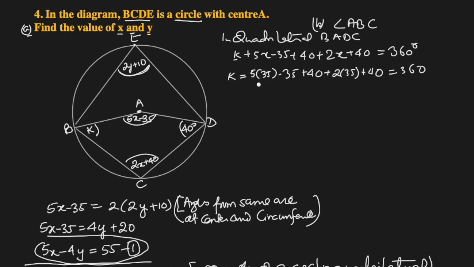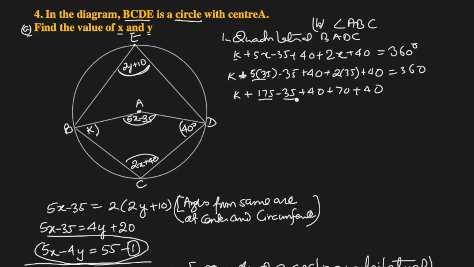I hope I have not missed anything: 5x minus 35, 40, 2x plus 40 and K. So K plus 175 minus 35 plus 40 plus 70 plus 40.